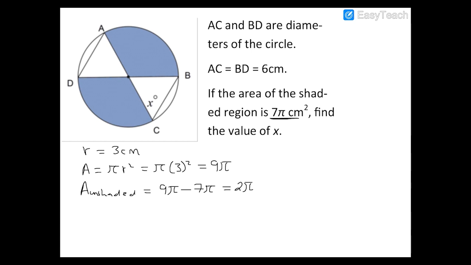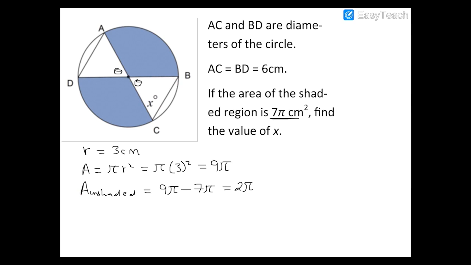Okay, so we can see from our diagram here, if we say this angle here is theta, that will also be theta because they are vertically opposite. So the area of this sector is equal to the area of that other sector. So each sector will have an area equal to pi.